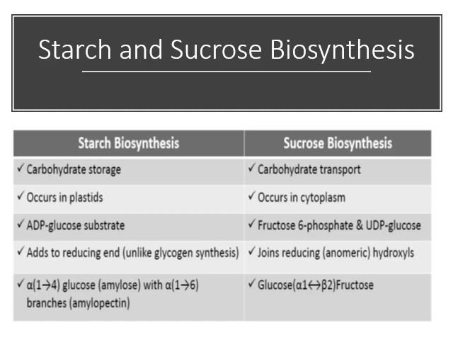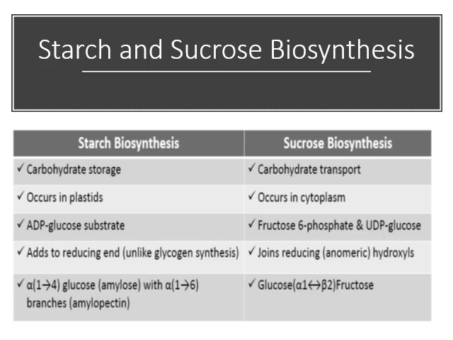Starch biosynthesis occurs in plastids, which may be chloroplasts or amyloplasts, whereas sucrose biosynthesis happens in the cytoplasm of the plant cell. The precursor for starch is ADP glucose, whereas for sucrose the precursors are UDP glucose and fructose 6-phosphate.